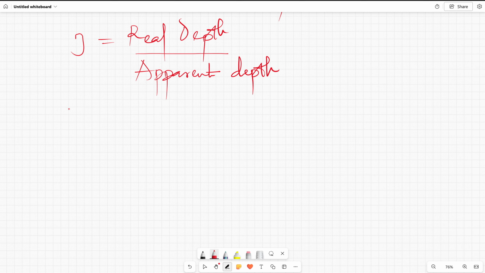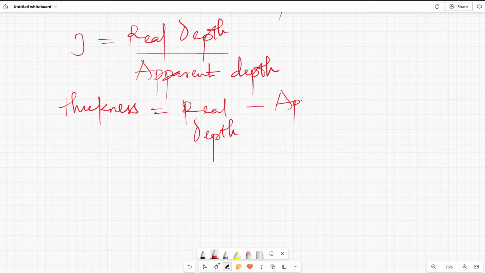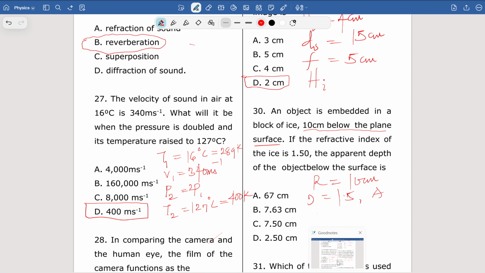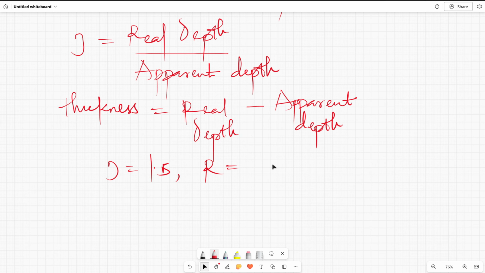And you also need to know that thickness equals the real depth minus the apparent depth. So again, we are looking for the apparent depth. We are given the refractive index equal to 1.5, and we are given the real depth equal to 10 centimeters. So when you look at it, how can we solve for apparent depth?